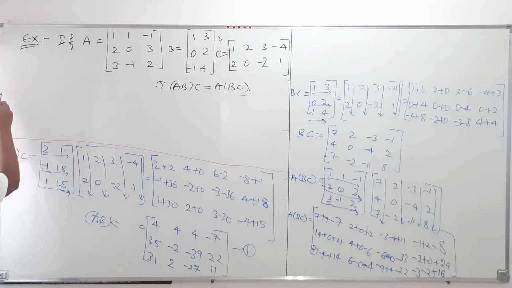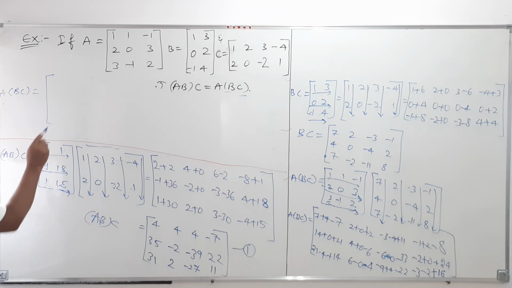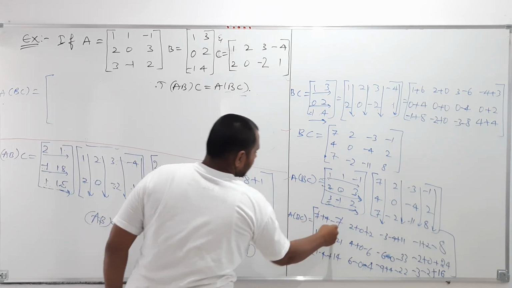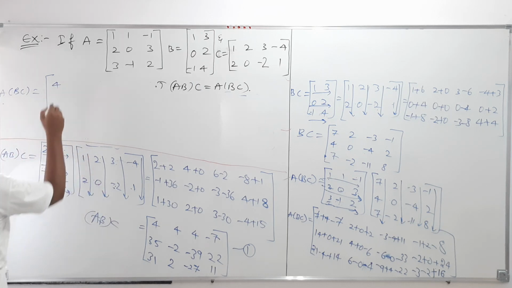So A into BC is equal to, if I simplify, minus 7 plus 7 cancels, so here it is 4.